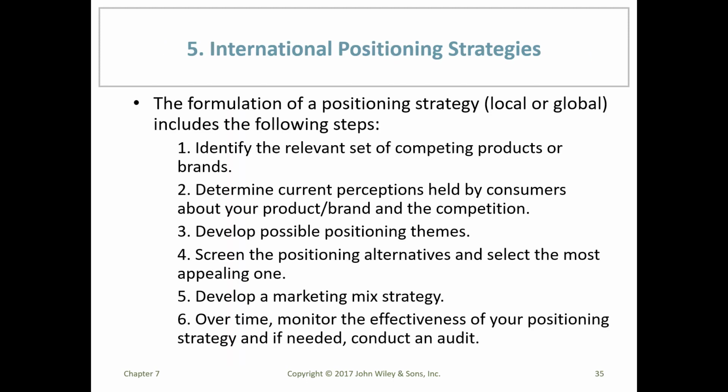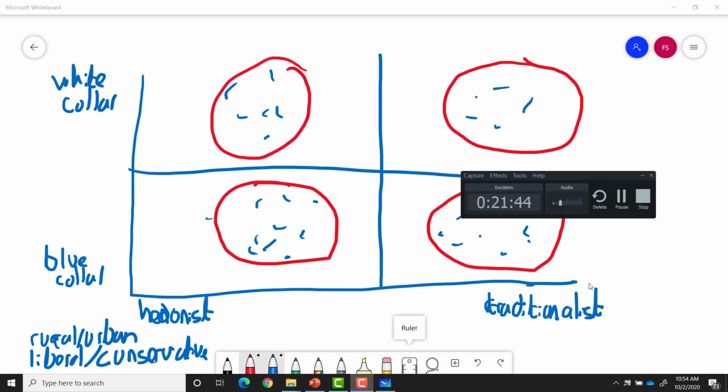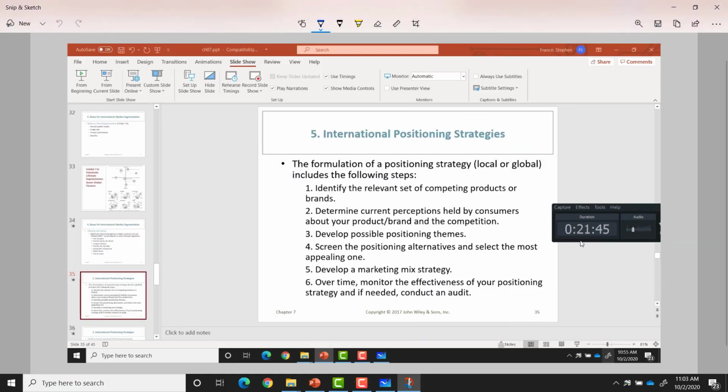Okay, so we'll now go back to international positioning strategies, and I'll do a quick example for this in my notes. So just give me a second. Okay, so imagine that we are Starbucks, and let's say, how do we position ourselves? What are my perceptions? This will be done by a survey.